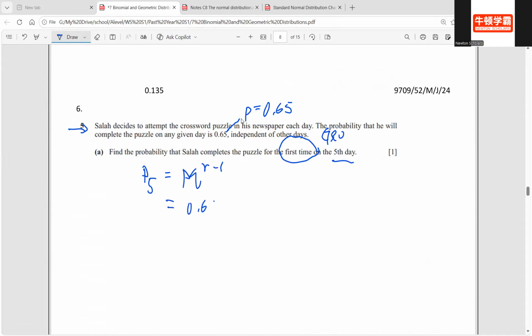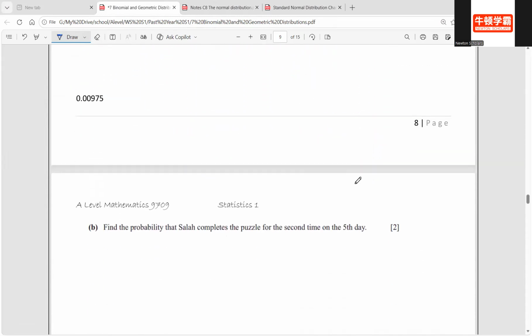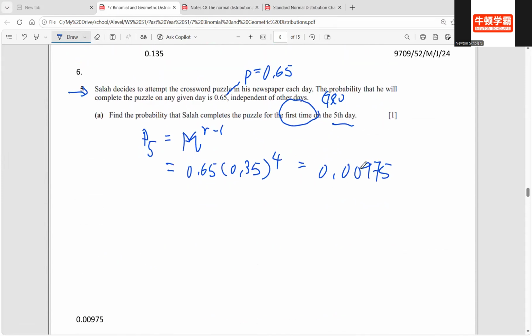The p is 0.65 and the q is 0.35. Your r is 5 minus 1, which is 4. So straight away you will get 0.00975. Always remember to give 3 significant figures for the final answer. This is requested, he stated it on the front page of your paper.